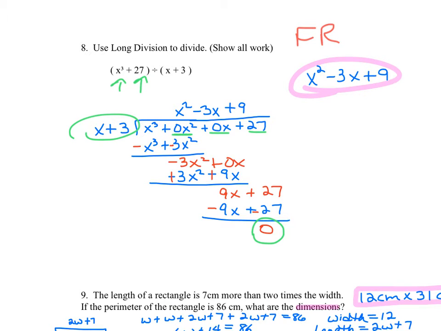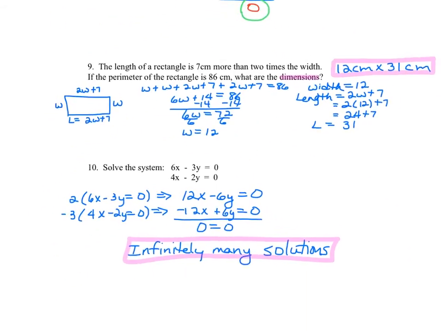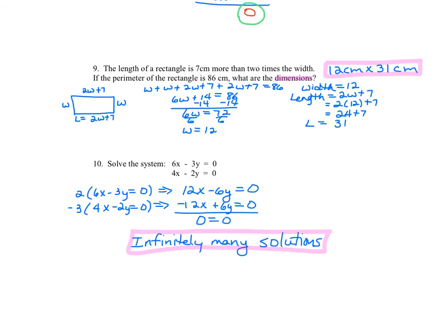Number 9. Now, anytime I'm given any of these geometry questions, like for perimeter or area or anything like that, I always like to draw a picture. So here it said the length of the rectangle is 7 more than 2 times the width. So I let W represent my width, and then the length was 2 times the width, 2W plus 7.